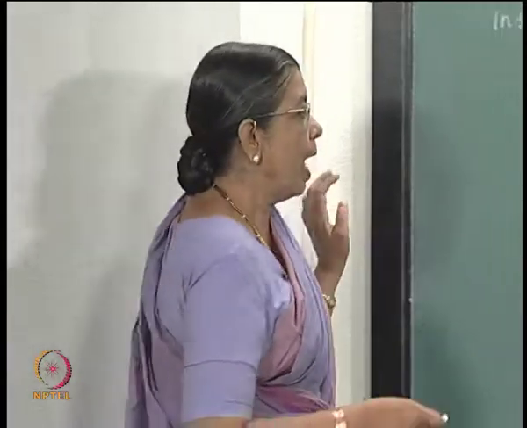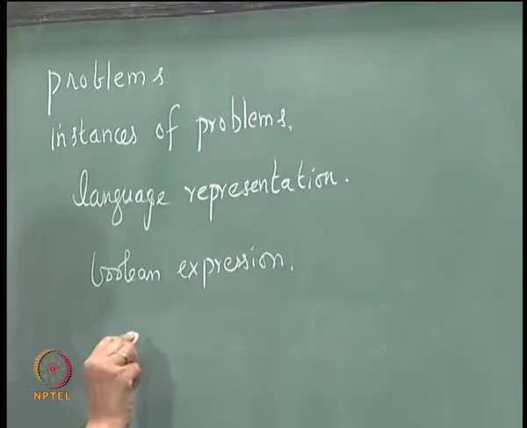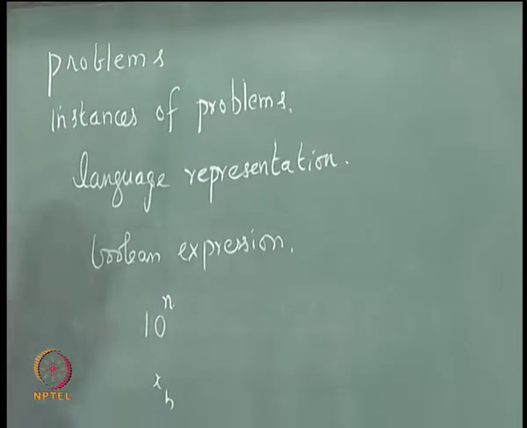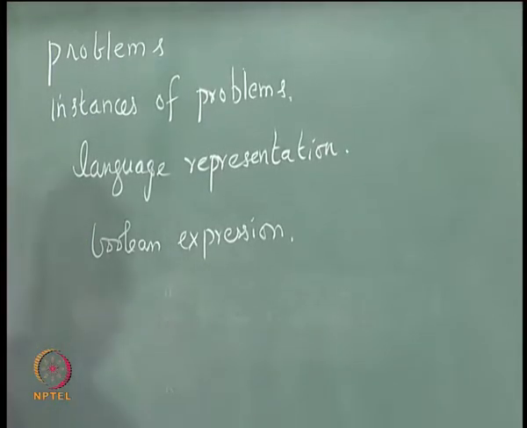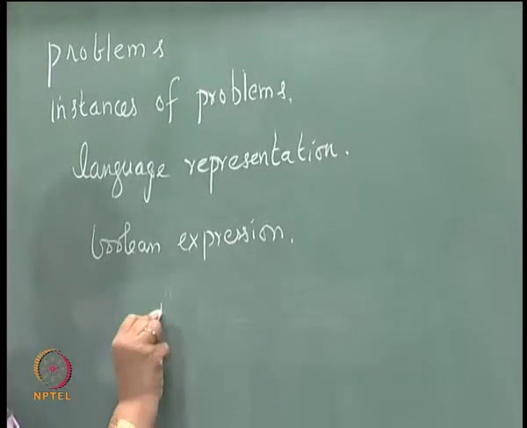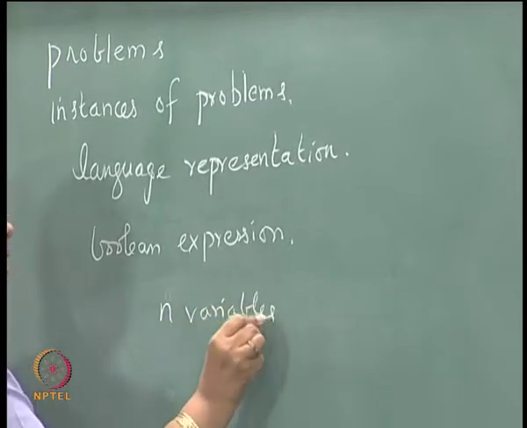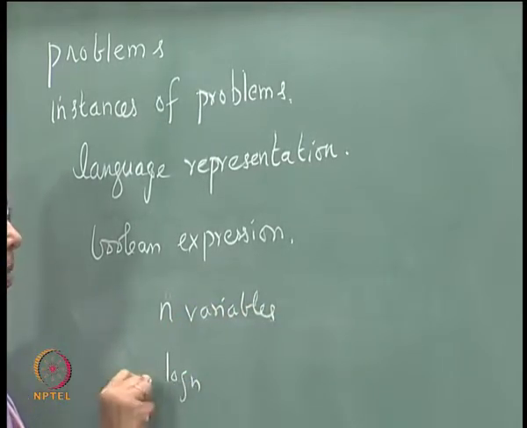Okay. So, you can have a Turing machine as a language, you can represent this in some manner. For example, each variable you can represent as 1 0 power n meaning xn or something like that, some representation, or, if there are n variables, you can use log n bits to represent one variable and so on.